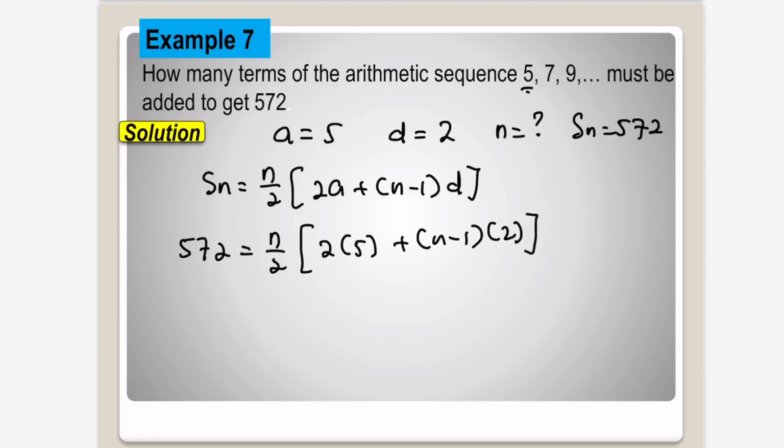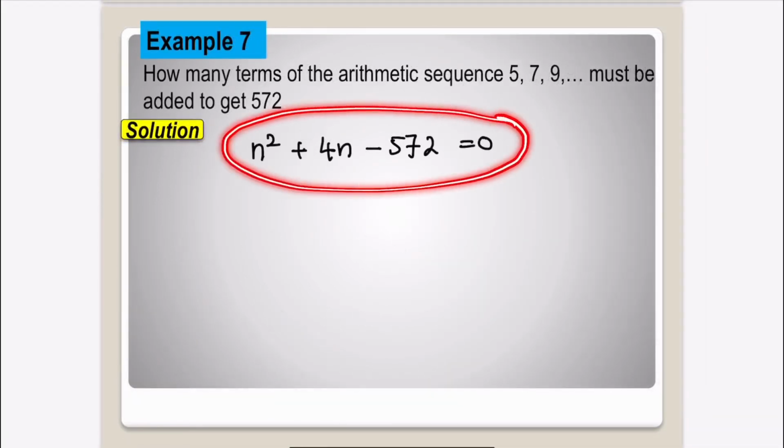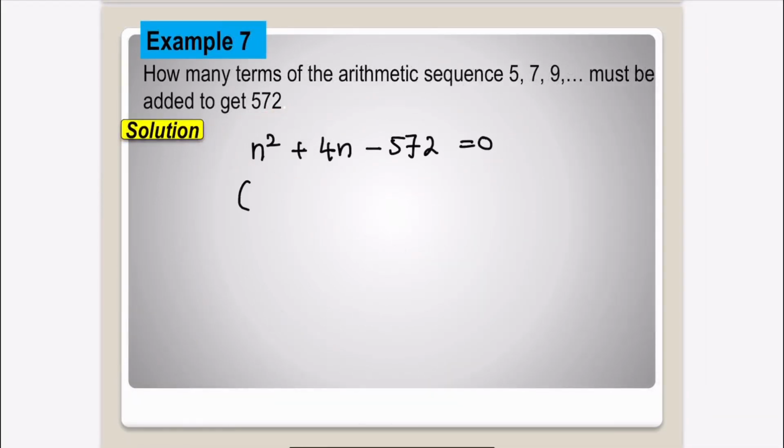When you simplify, you will get 572 equals 5n plus n multiplied by n minus 1. Okay, and then again simplify, you will get n squared plus 4n minus 572 equals 0. From this quadratic, we can factorize, okay, where n minus 22 and n plus 26.